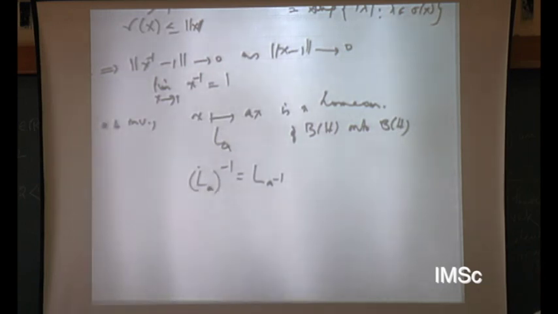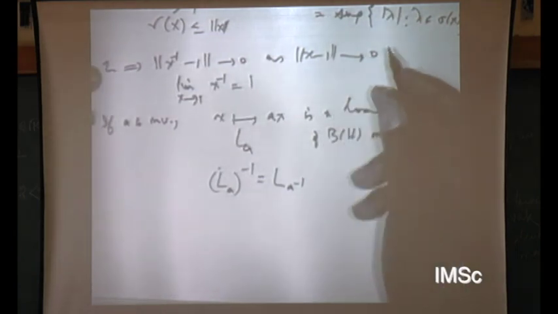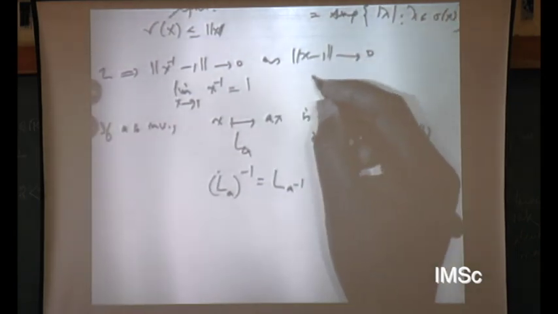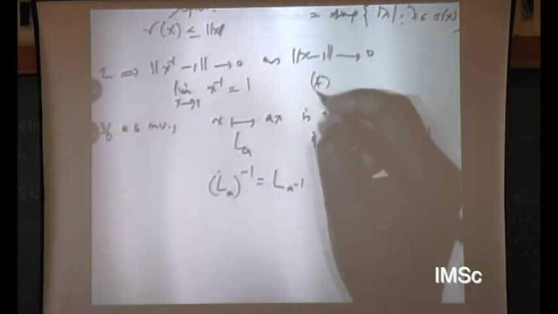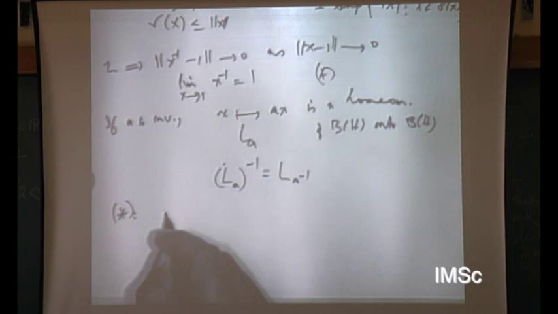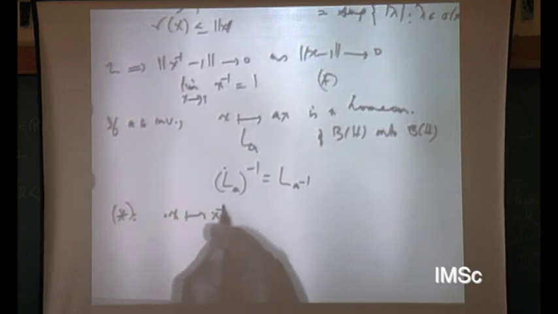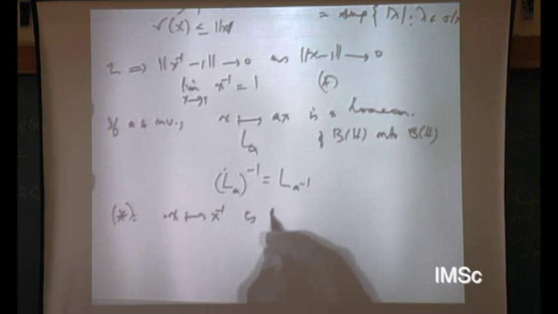So what did this observation say? The star says that the inverse mapping, x going to x inverse, is continuous at 1.